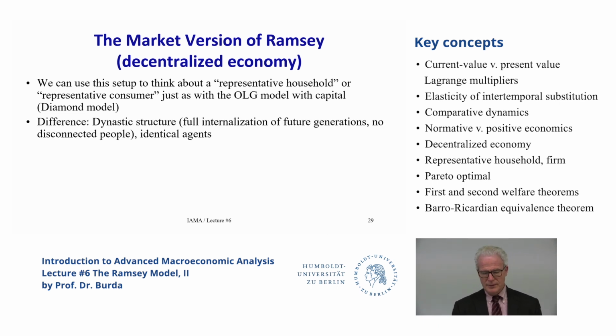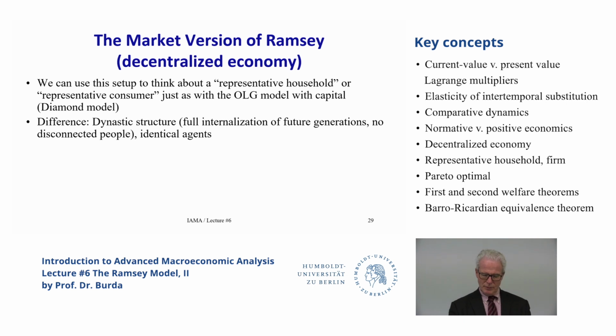The difference will be that there's completely interconnected internalization of future generations' utility. So think of the household head as being in charge of a population of the household that's growing. But the household cares about future individuals in this household in the same way that the household head cares about her own utility.